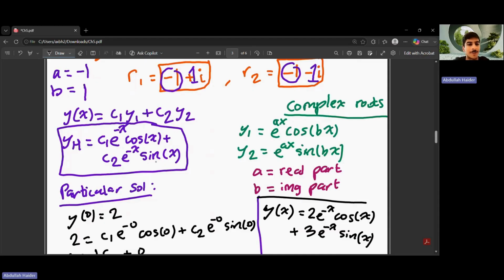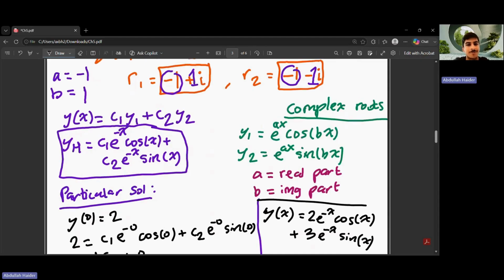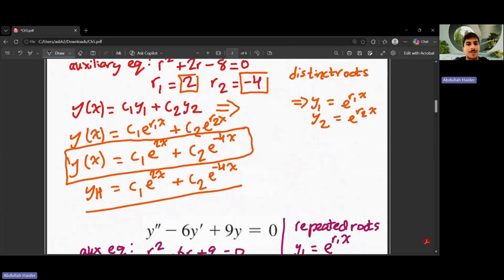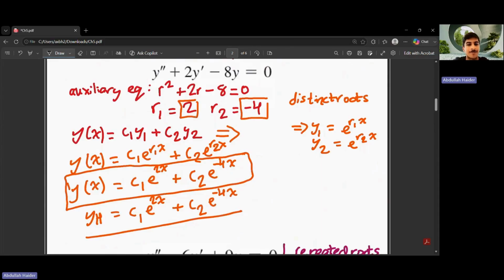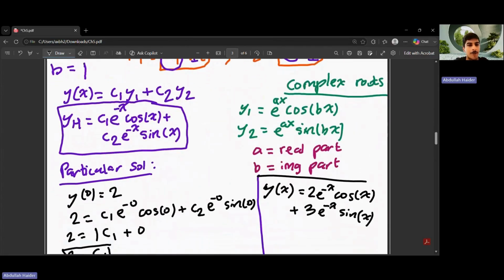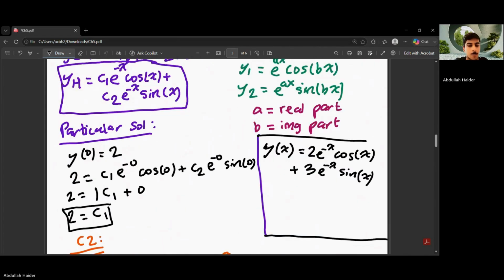So you always have the cosine and sine there. The only difference is that in complex roots, you have a sine here and a cosine here. You will always have a cosine and sine in the homogeneous solution.